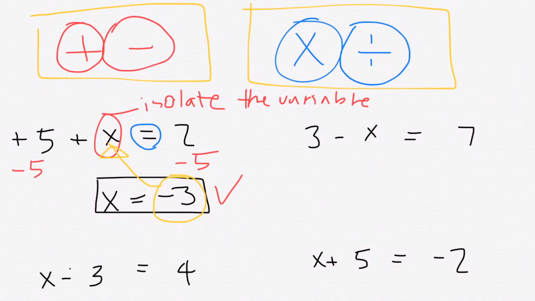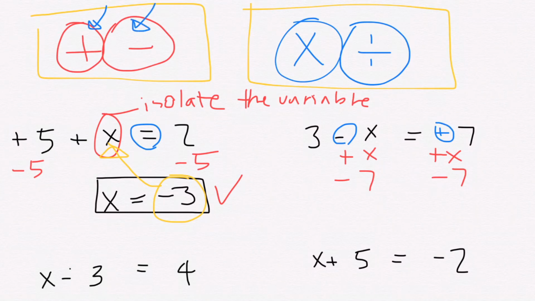And since it's easier to work with positive numbers, what I'm going to do is add x to both sides and then subtract 7 from both sides, because there's a minus sign here and the corresponding pair is the plus, and there is an imaginary plus sign here and the corresponding sign is the minus.